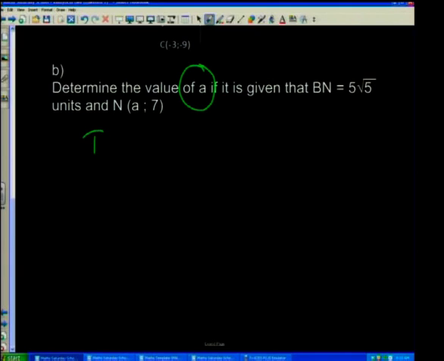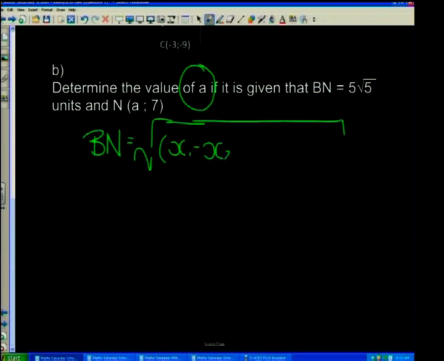Our distance from B to N is going to be equal to the square root of x1 minus x2. So let's start that one again. Right, x1 minus x2 squared plus y1 minus y2 squared. Okay.